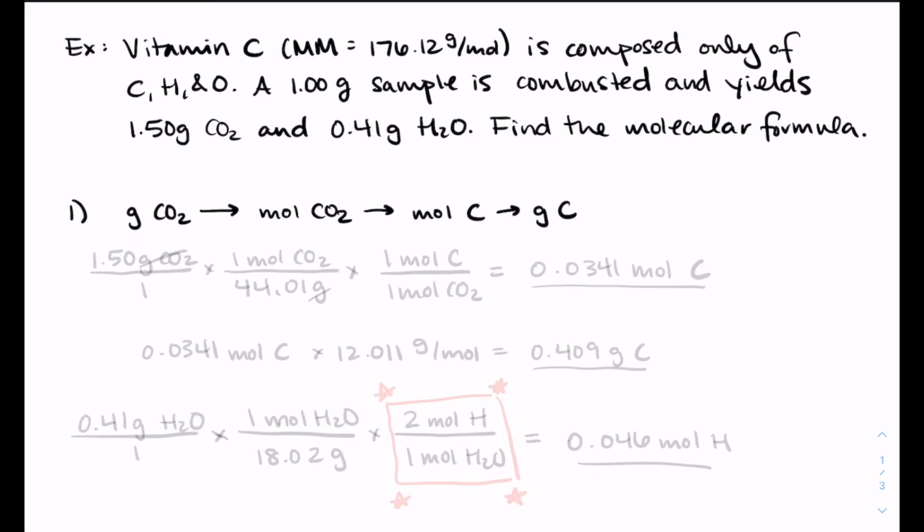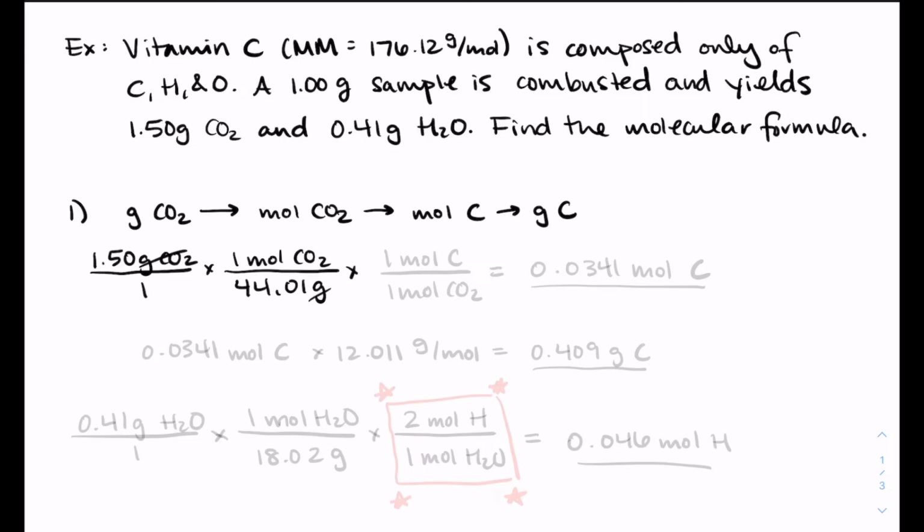That would let me convert to moles of carbon dioxide. And then once I know how many moles of carbon dioxide I have, because I know the relationship between the number of moles of carbon per mole of carbon dioxide, I can get to moles of carbon. And then from moles of carbon, I could get to grams of carbon.